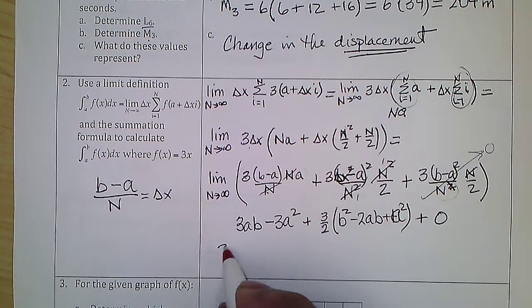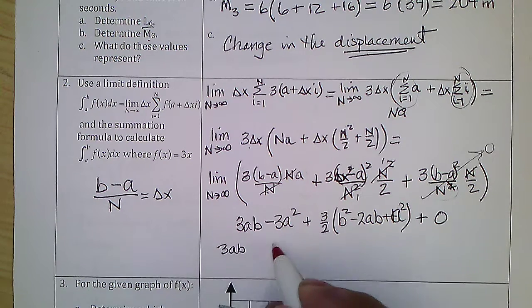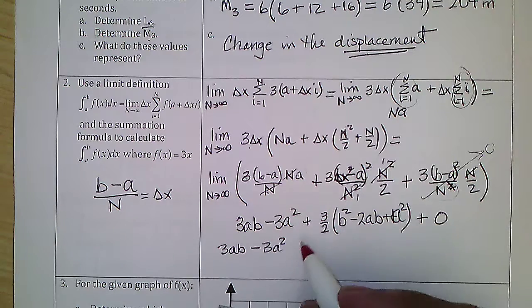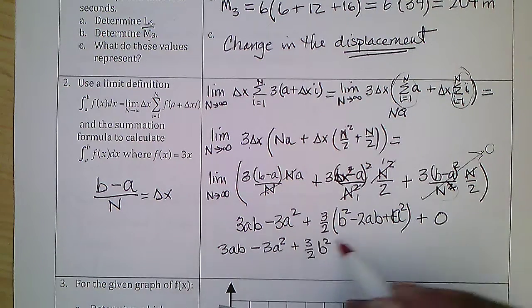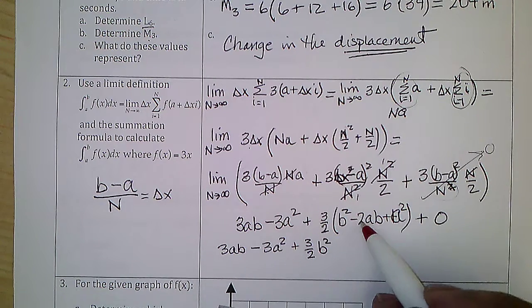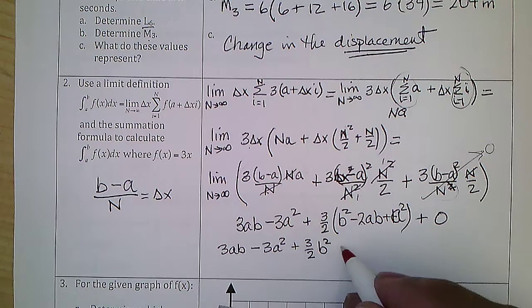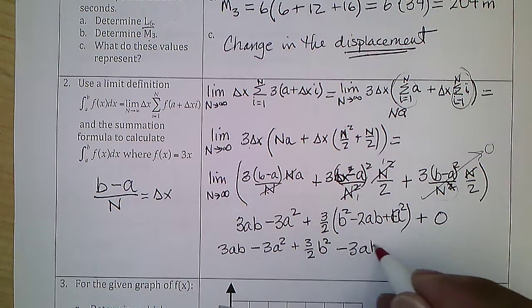So we got 3ab minus 3a squared plus 3 halves b squared. The 2 on this one, when we multiply by 3 halves times 2, we get 6 halves, or 3, so minus 3ab.